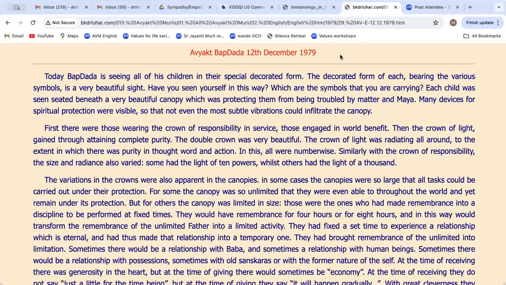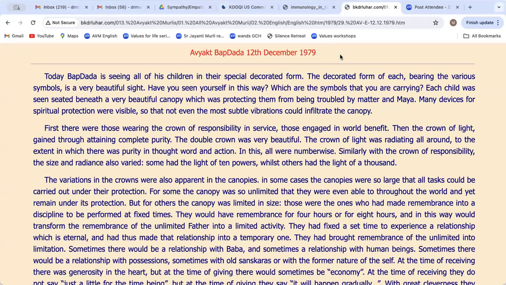They had fixed a set time to experience a relationship which is eternal, which is anadi, and we have made it very limited, and had thus made that relationship into a very temporary one, which should have ideally been permanent. So they had brought the remembrance of the unlimited into limitation. Sometimes there would be a relationship with Baba, and sometimes a relationship with human beings.